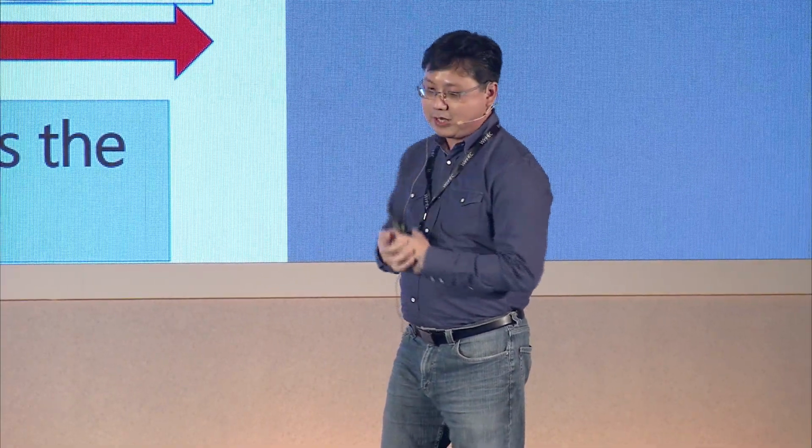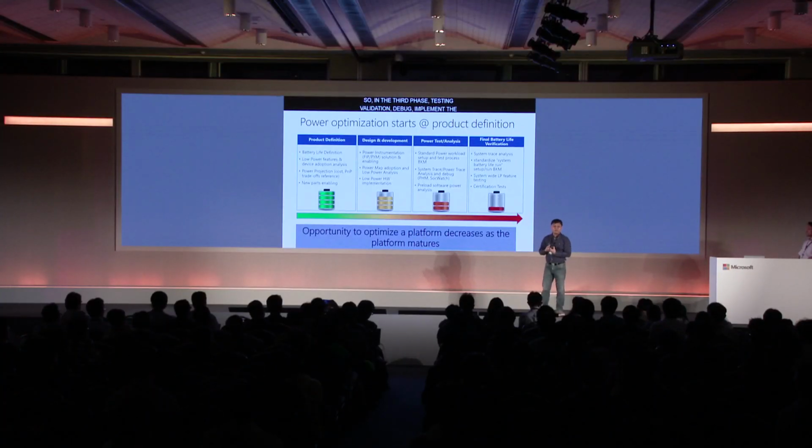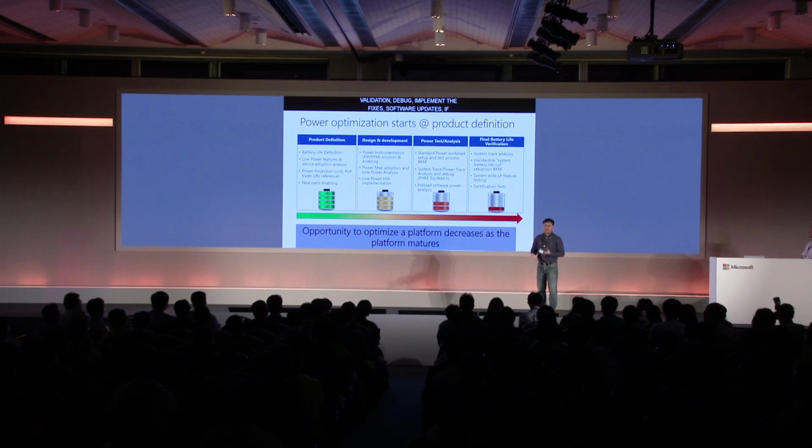In the third phase, testing, there is validation, debug, implementing the fixes, software updates, and BIOS updates. If there are hardware changes, you need to re-gerber out again, and this will go through multiple iterations. And lastly, production build verification.